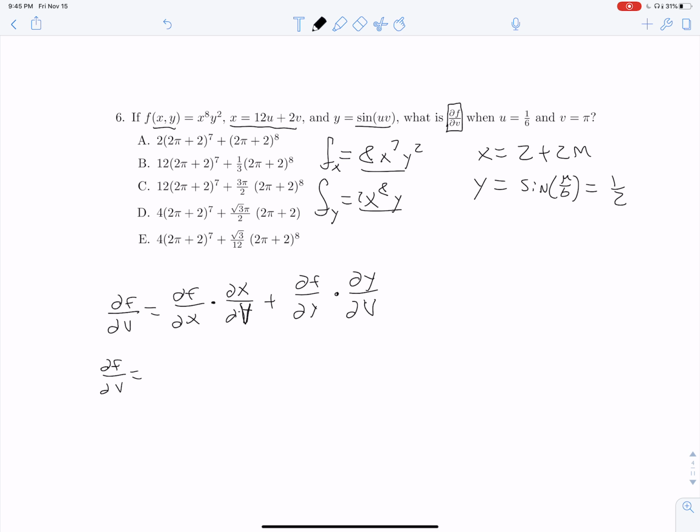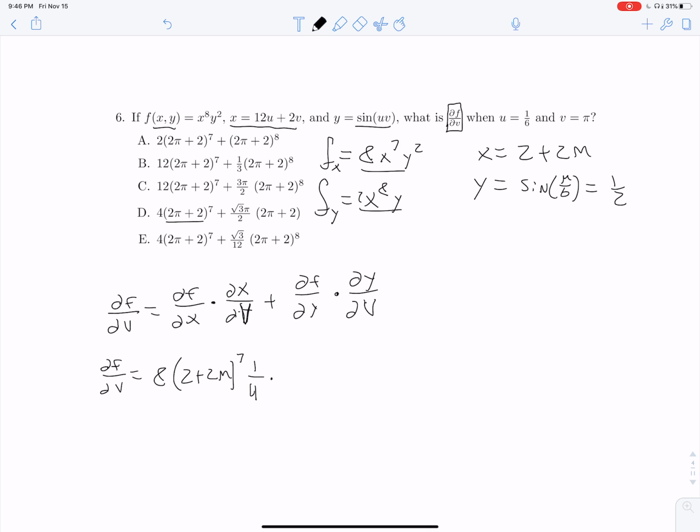Okay, so we see that they're leaving 2 plus 2 pi in that form in all of the answers. So we'll just leave it like that too. So f_x is going to be 8 times 2 plus 2 pi to the 7th, and then we need to multiply by y squared, which is going to be 1/4.